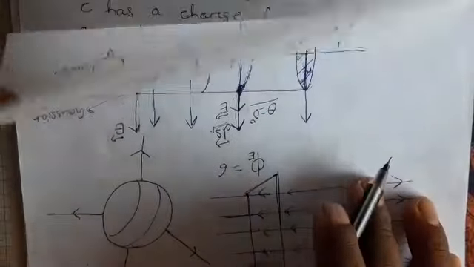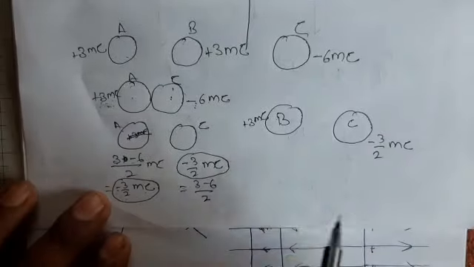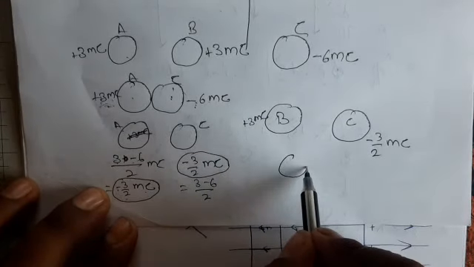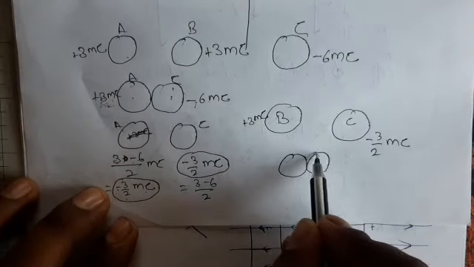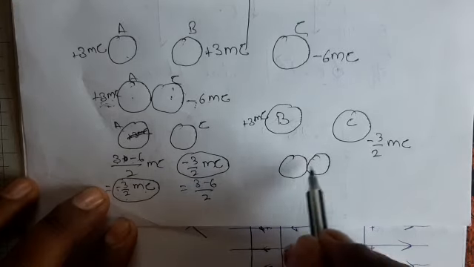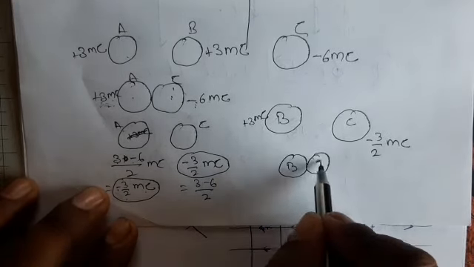Now I will touch B and C, so charge sharing takes place between B and C.